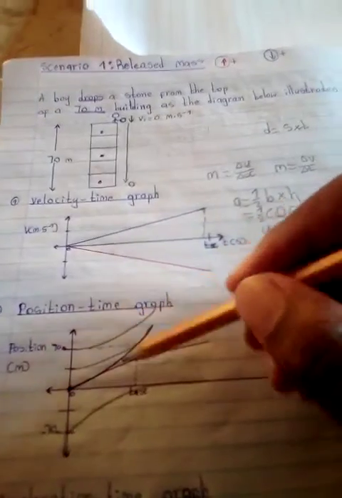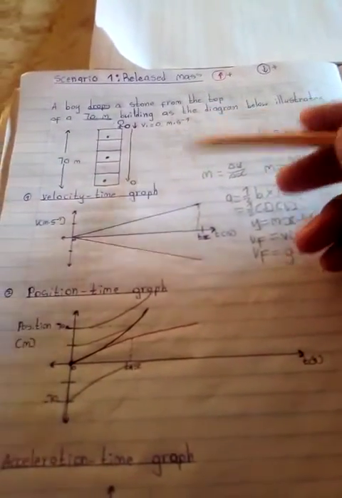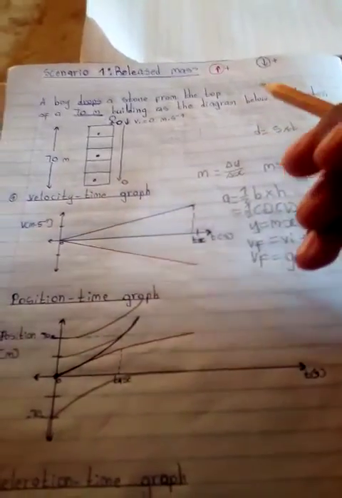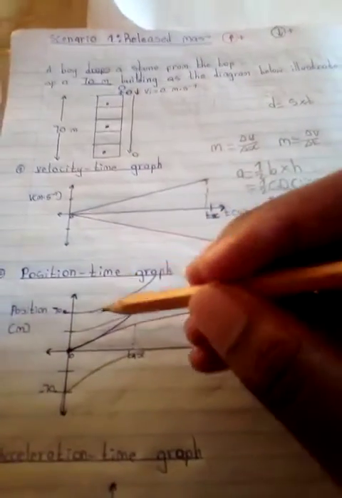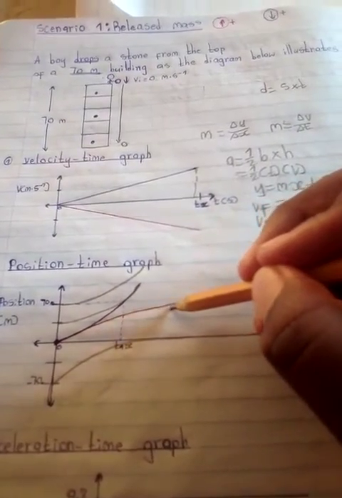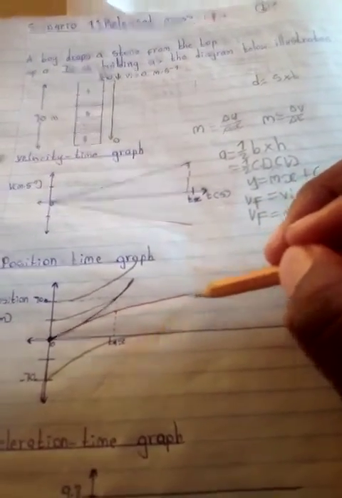Like we choose upwards as positive, your a value here is minus 9.8. Your graph of course will look like this, here.